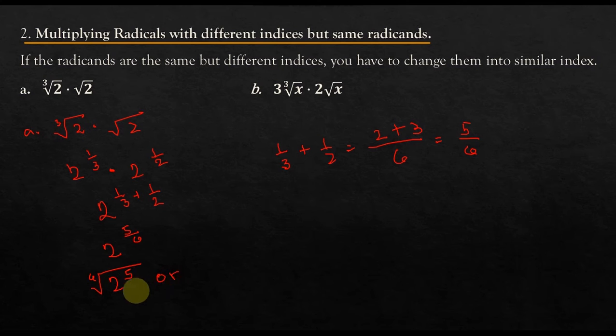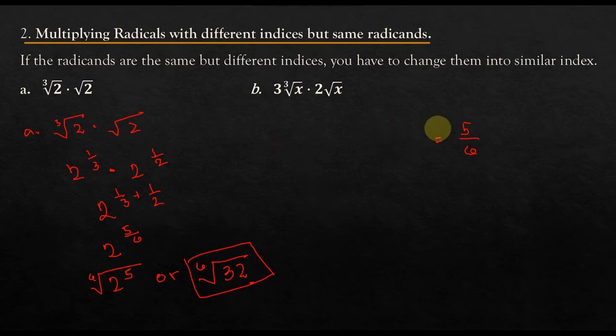Or you can still simplify 2 raised to 5 as the 6th root of 32. So you can also have this answer. Allow me to erase this sketch. Now let's go with the next question, which is B. 3 cube root of x times 2 square root of x.